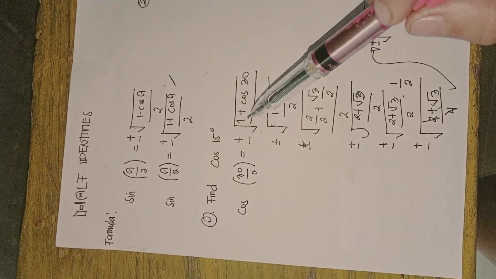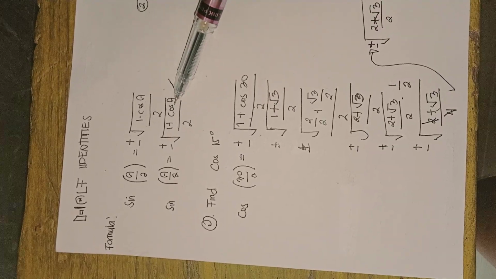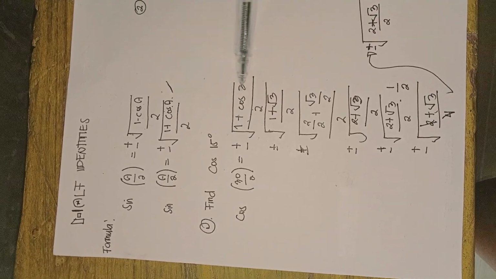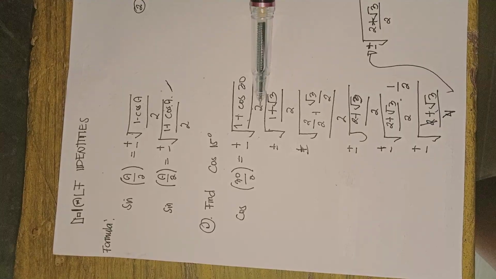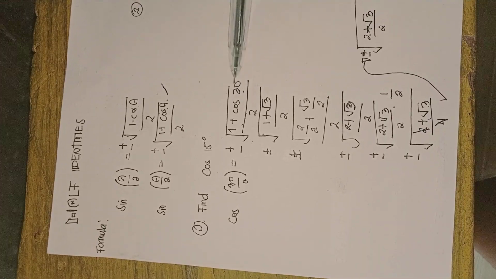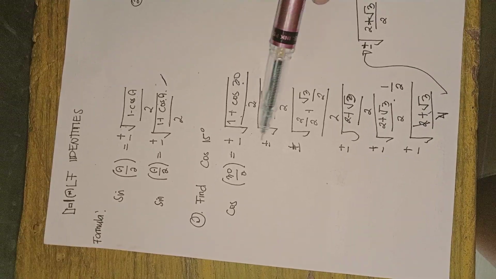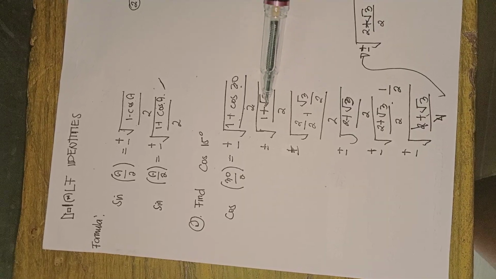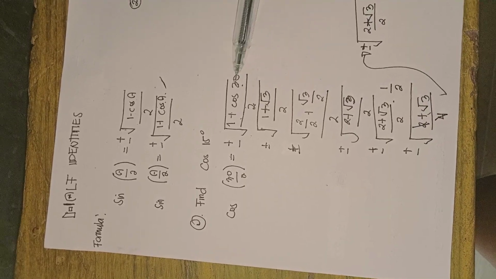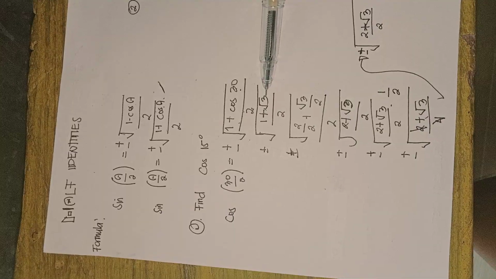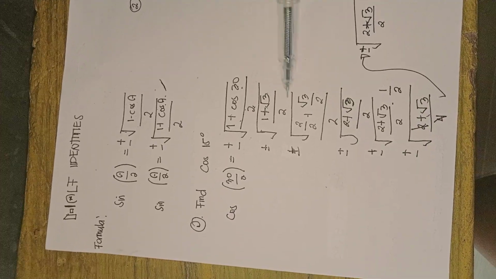So 1 plus cos A, so the value of A will be 30, all over 2.